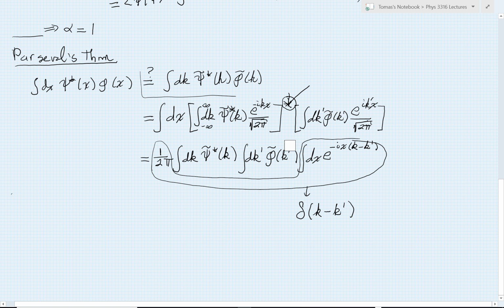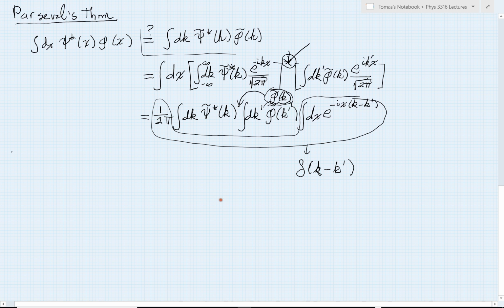So the values of phi tilde are irrelevant except very near to k, and very near to k I can replace phi tilde of k prime with just its value at the location of the peak, which is phi tilde of k, because of this delta function. And now this is a constant factor, phi tilde of k, and I can move it outside of my integral, and then I'm just left with the integral of the delta function.